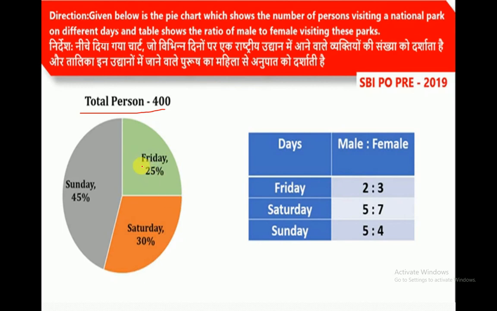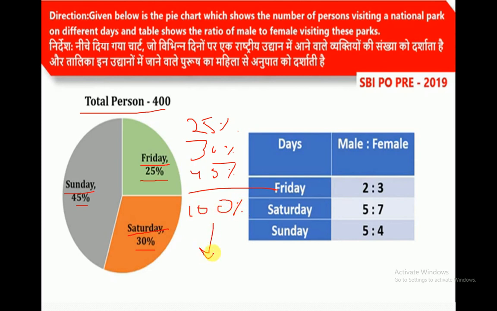On Friday the park is filled with 25% capacity, Saturday is 30% occupied, and Sunday is 45% occupied. When you combine these three values, 25%, 30%, and 45%, this is 100%.